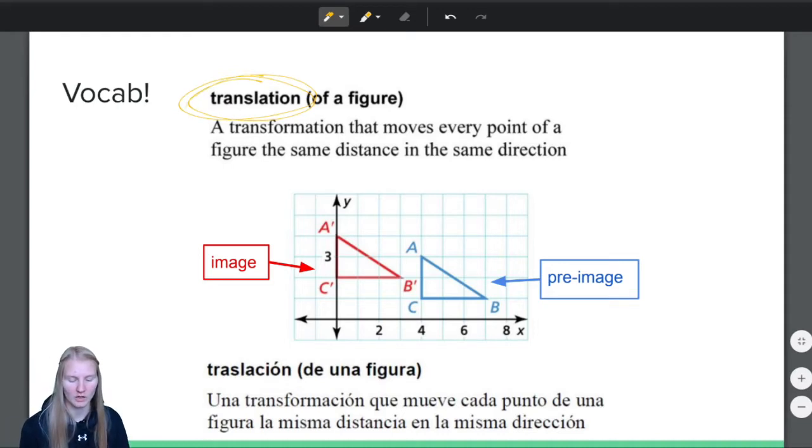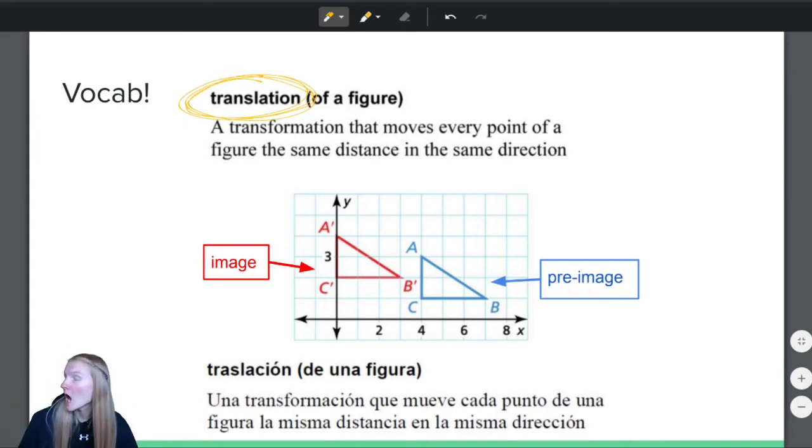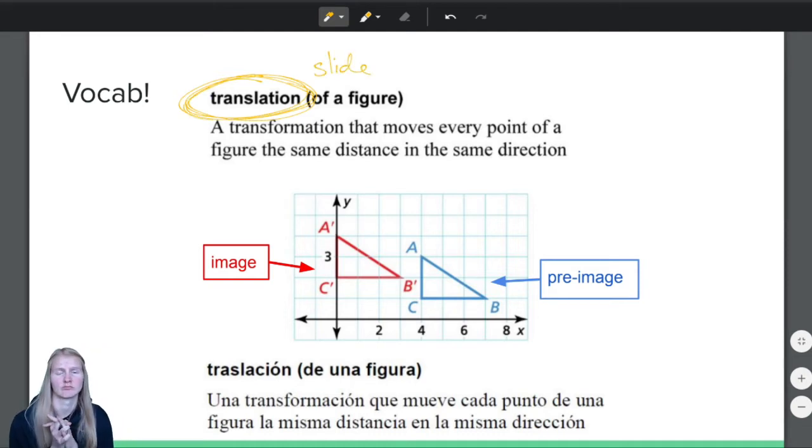Anytime you see the word translation, I want you to hear the cha-cha slide in your head. Slide to the left, slide to the right. A translation is a slide. We take a shape, and we slide it to the left or the right, or we slide it up and down.